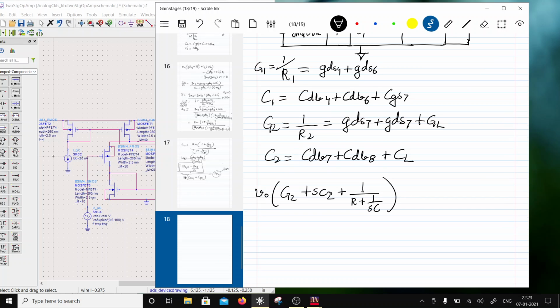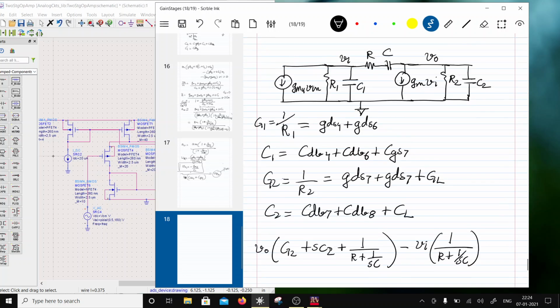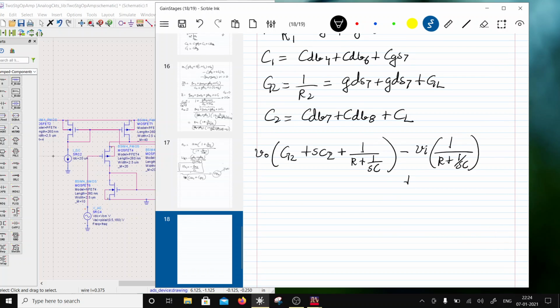So this is going to be the conductance connected that way, minus the adjoining node, which is VI, and that is going to have 1 over R plus 1 over SC, right? And then the current which is flowing out is positive, right? So there's going to be plus VI times GM7. That should be equal to 0.